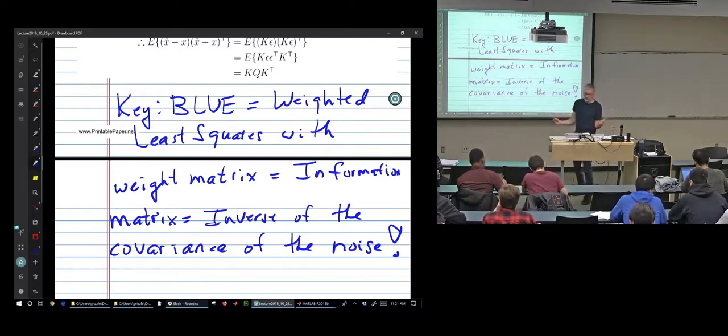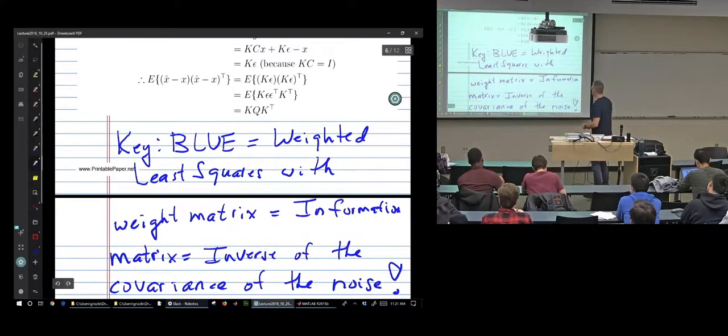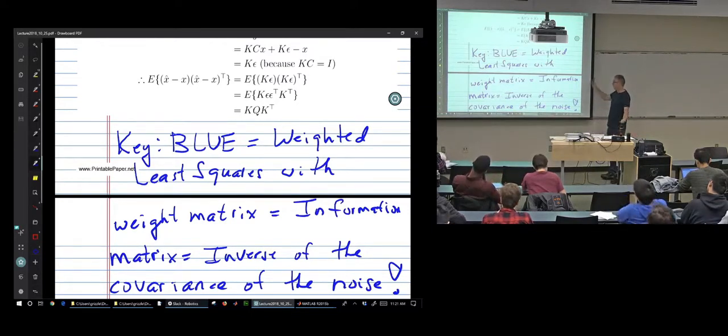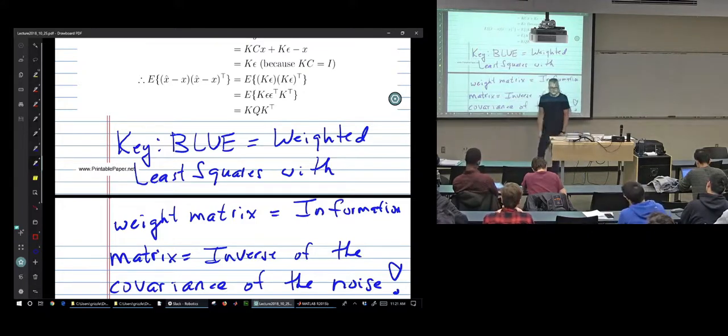Unweighted least squares just means the covariance of the noise is the identity, okay? That means you don't really know anything. They're all the same, okay? So when you're doing unweighted least squares, you are choosing the covariance of the noise to be the identity. Well, why not, okay? But if you have more information than that, then you can use it and you choose the weight to actually be the inverse of the covariance matrix, which is the information matrix.